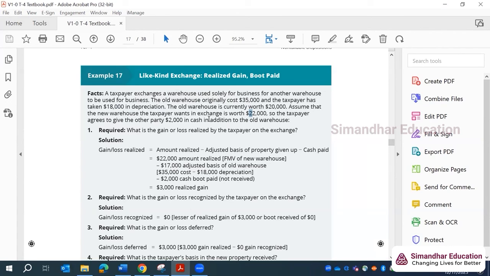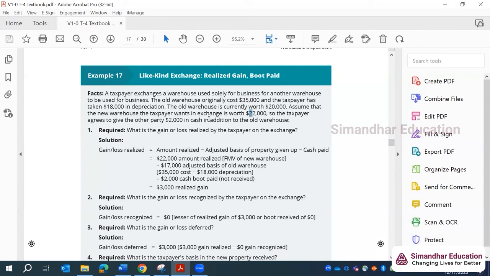It is $17,000. And how much cash are we giving to the other person? We are giving the other person $2,000 of cash. So what is the net value that we are giving? We are giving a warehouse which is worth 17,000 plus we are giving cash which is 2,000. So we are giving a value of net 19,000.